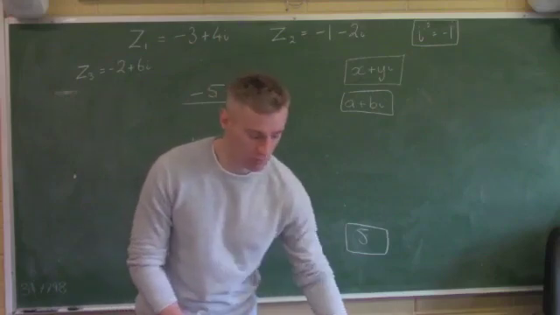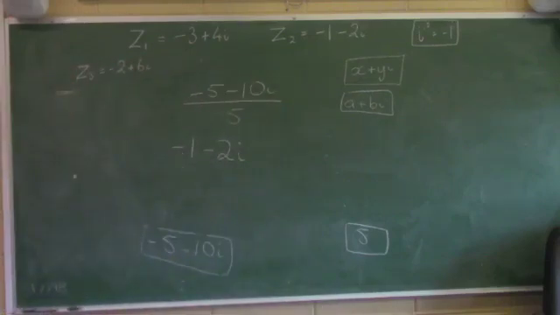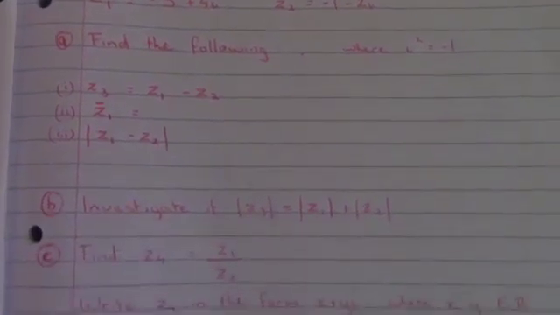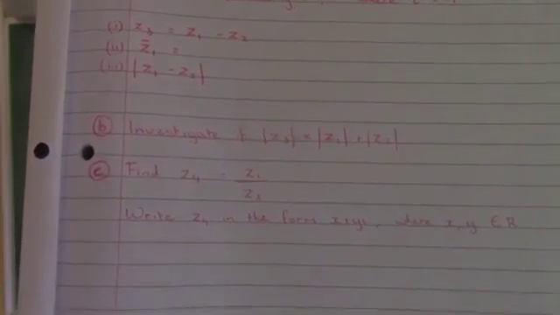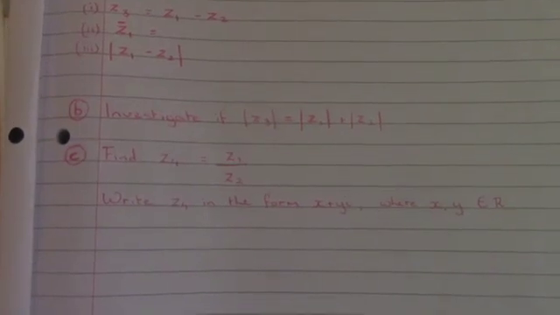What I'll just do before we finish up is zoom in, just so you can see the question that I have. Basically, there is the question that I did out. Part A, part B, investigate, and part C, find Z4, which is equal to Z1 over Z2.